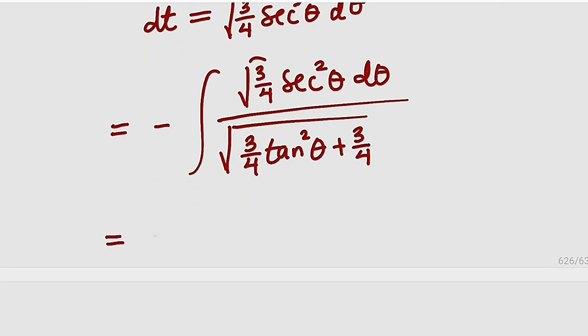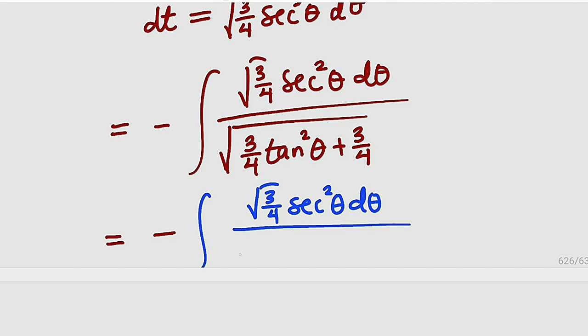So this is equal to negative the integral of square root of 3 divided by 4 secant squared theta d theta, divided by the square root of 3 divided by 4 outside. In the bracket, we have tan squared theta plus 1, right? Tan squared theta plus 1 is nothing but secant squared theta.